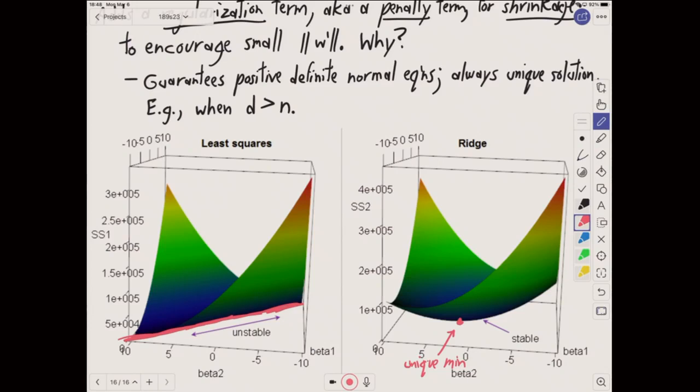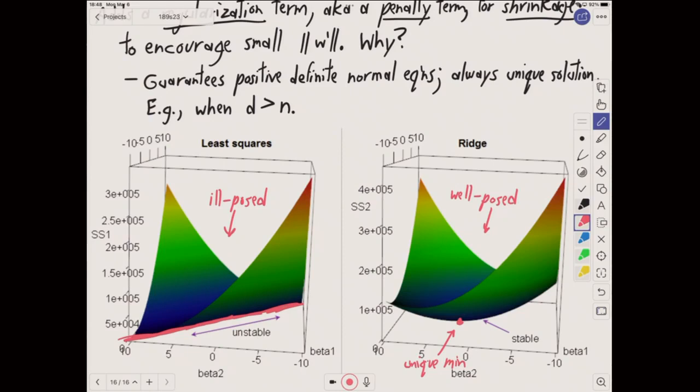Now, when you have a problem with multiple solutions on the left, in engineering at least, and just numerical mathematics, you'll often hear that referred to as an ill-posed problem. Ill-posed, because it has more than one solution. Whereas on the right, we've transformed it into a well-posed problem by adding a small penalty term.